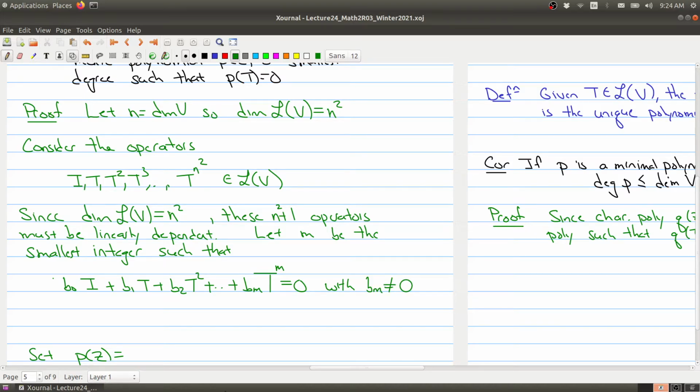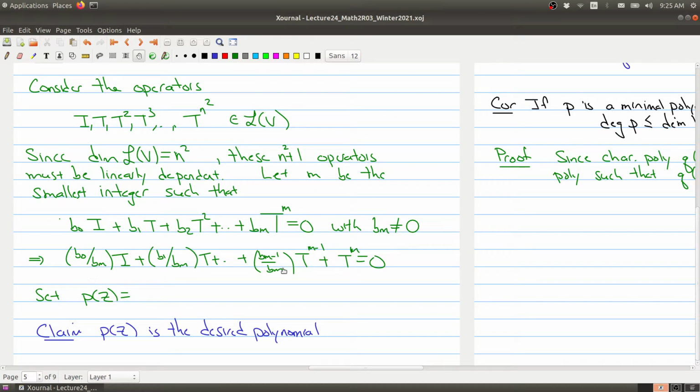We can find the smallest power for which this happens, and because bm doesn't equal 0, we can divide out by bm. So we get b0 over bm times the identity operator plus b1 over bm times T, up to b(m-1) over bm times T to the m minus 1, plus T to the m equals 0. I'm just making this coefficient 1. So this is great.